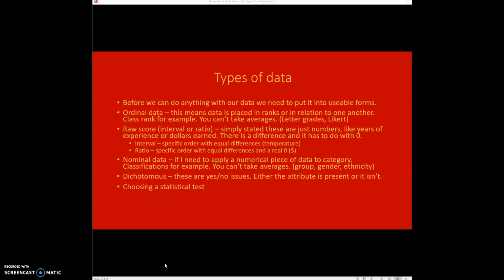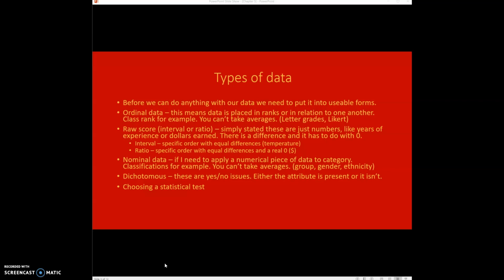Nominal data simply means if I need to apply a numerical piece of data to a category. So for example, which group you're in: level, socioeconomic status, your gender, your ethnicity, your political affiliation.